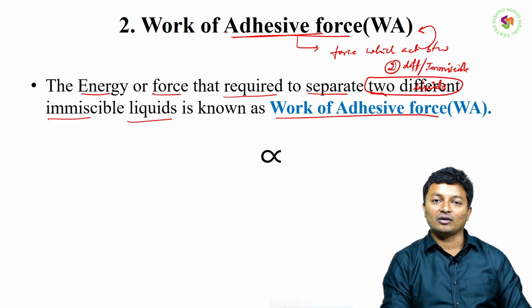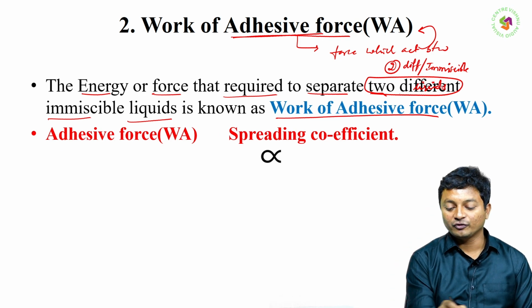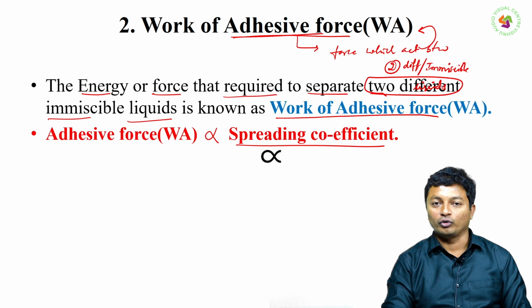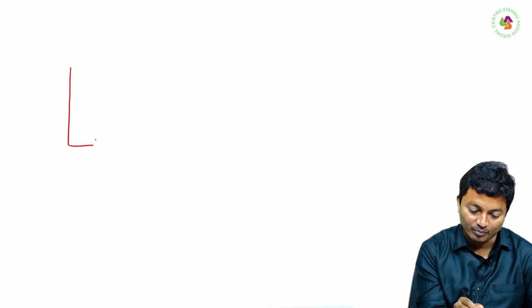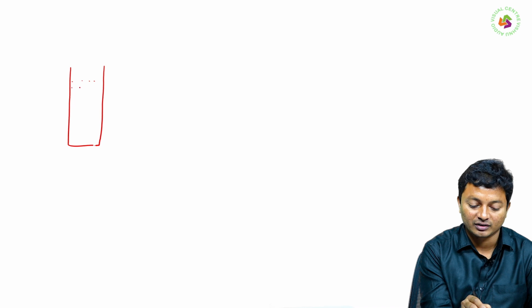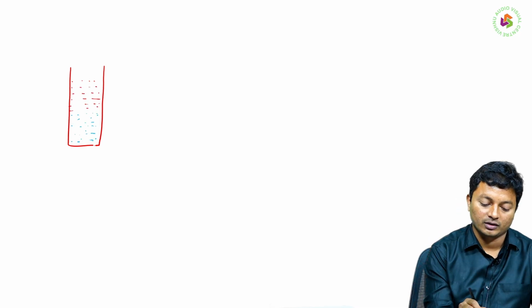Always this work of adhesive force is directly proportional to the spreading coefficient. Similarly, to understand the work done at adhesive force, we need to take a sample which is immiscible, that is two different liquids, like this.